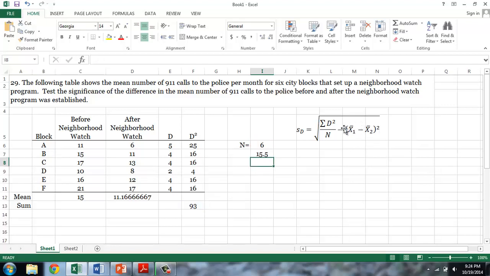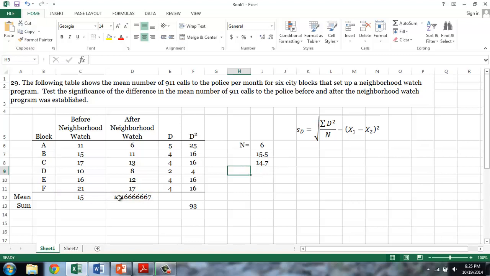Next, I'll calculate this second term, which is the difference in the means before and after squared. So equals parentheses the mean before neighborhood watch minus the mean after, close parentheses, squared.